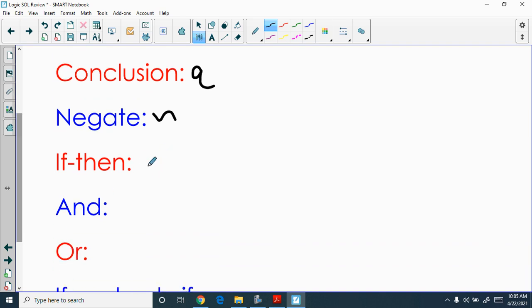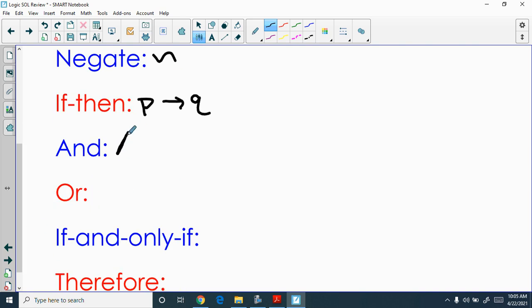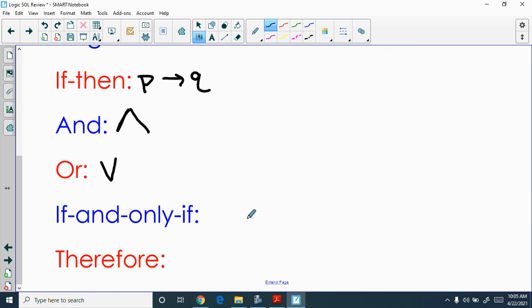An if-then statement is P, then, so this arrow stands for then, Q. And is the caret. I say it looks like an A, so that's how I know it goes with and, so it's A without the line in between. Or is a V. If and only if, which is those biconditionals, is going to be the double-sided arrow, and therefore is going to be three dots in the form of a triangle.